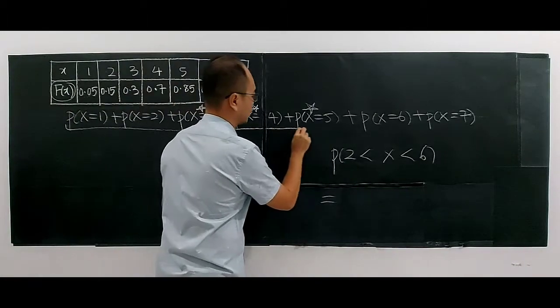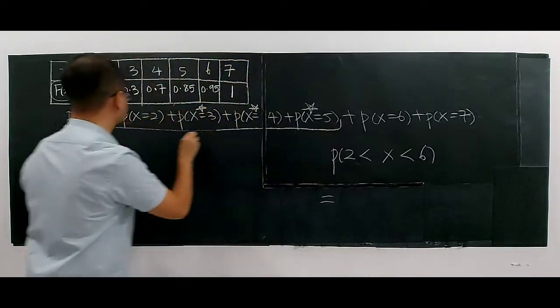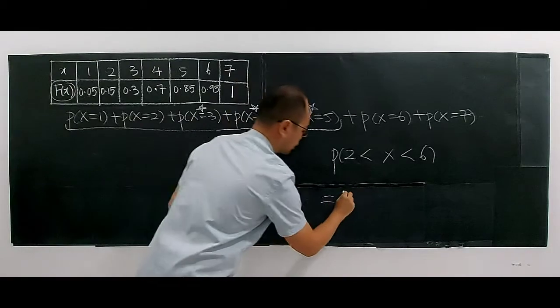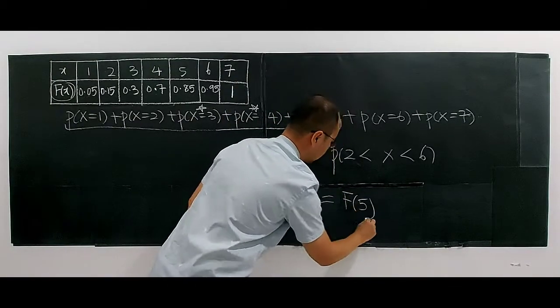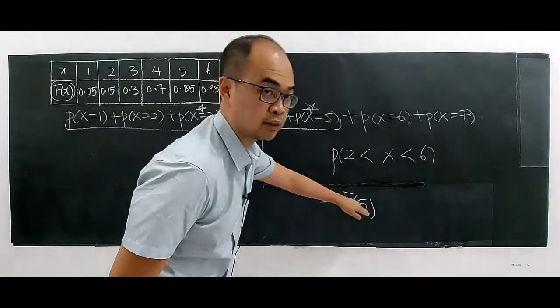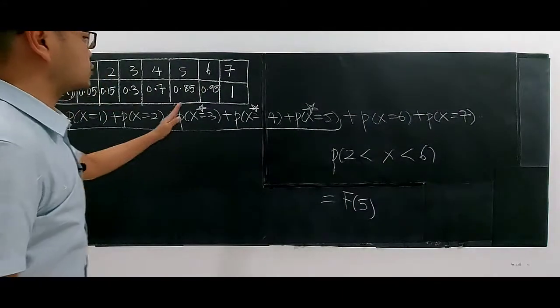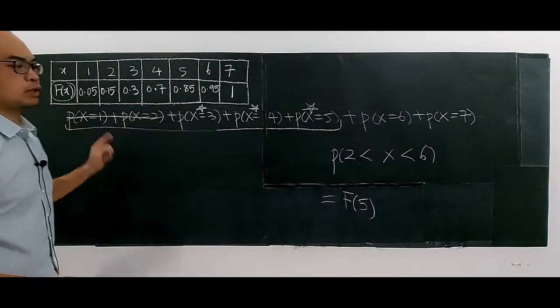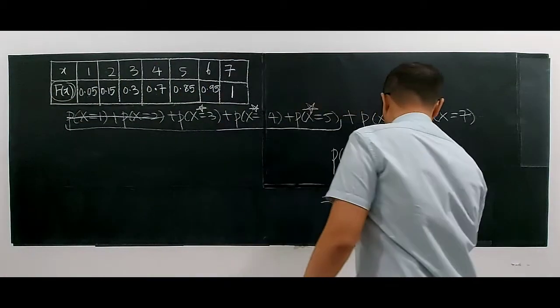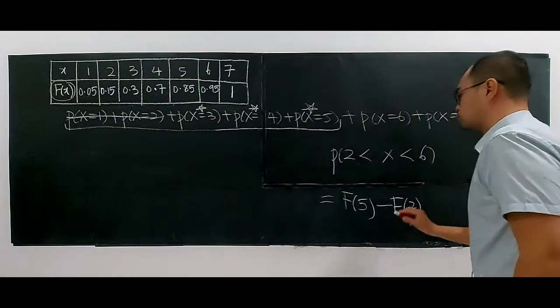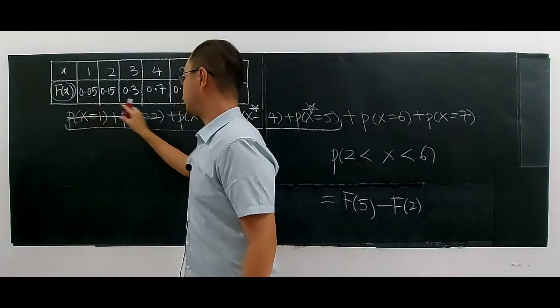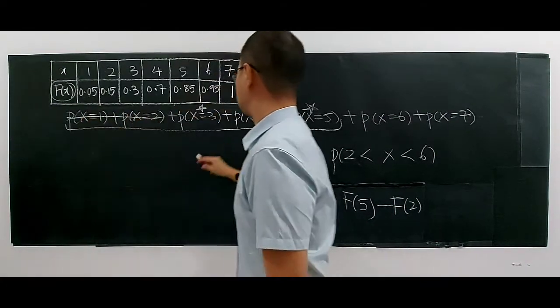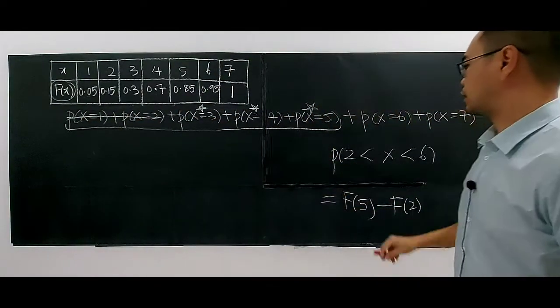This is actually F5. If you total up 1 up to 5, it will be cumulative F5. But you just want 3, 4, and 5; you don't want 2 and 1. So you need to minus away F2, because it's 1 up to 2. Then you will get these 3 probabilities.